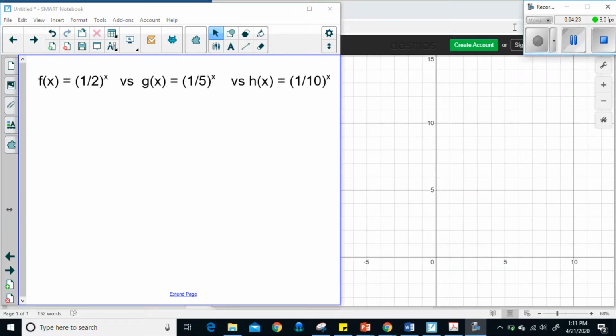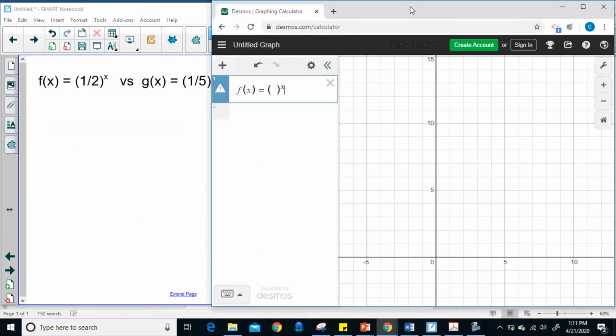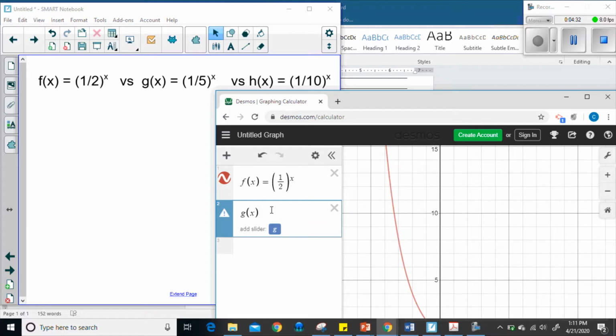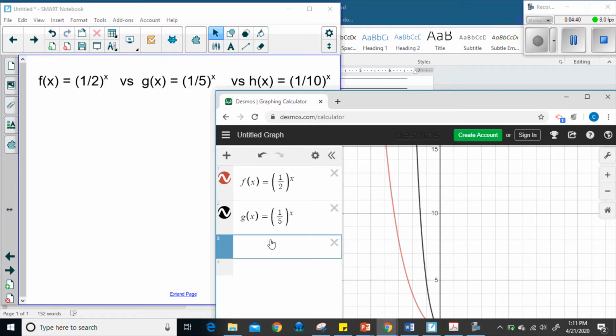Okay, this time I want to look at 3 different functions again, and this time I want to look at when f of x is equal to 1/2 to the x. I want to look at when g of x is equal to 1/5 to the exponent x. And let's look at h of x, which is 1/10 all to the exponent x.